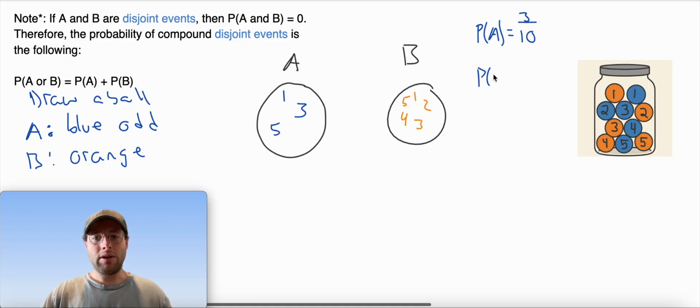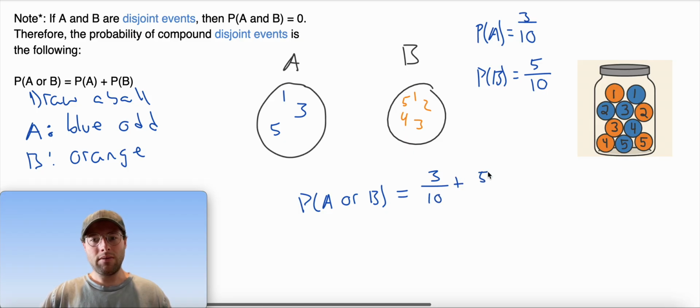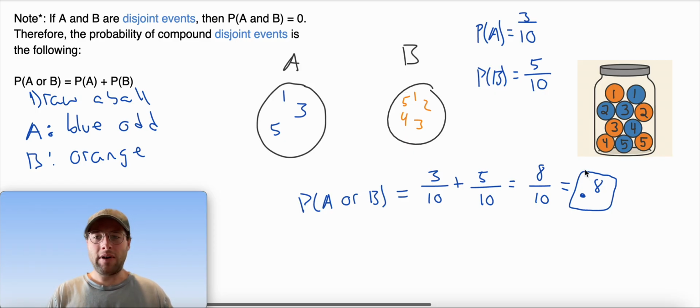And then the probability of B equals the number of favorable outcomes shown here, which there are 5, over the total possible number of outcomes, which is again 10 because we have 10 balls in the jar. And so now when we calculate the probability of A or B, that will equal 3/10 plus 5/10, which equals 8/10, which is 0.8. And that will be our final answer, and that will wrap up today's video.